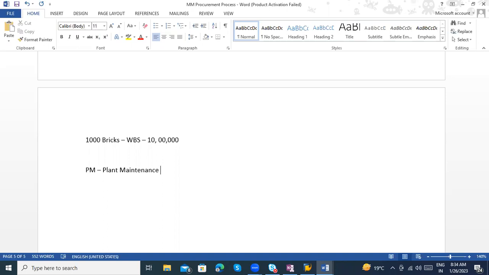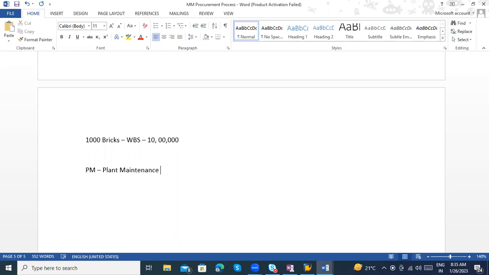So when for the plants or machinery some service is required, they will approach me and I will check the external vendors who can give the services, and we'll be providing those services. So when talking about MM, it's not only stock related, we are also talking about services, intangible and tangible, both. Clear?